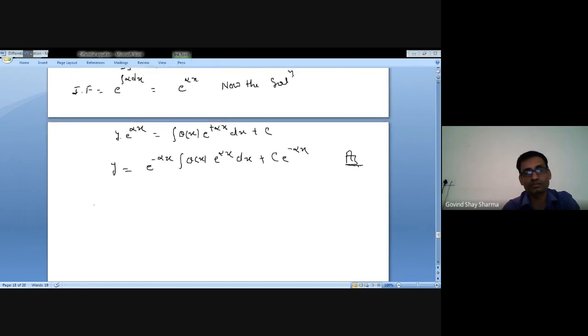Special case: when Q(x) is equal to e to the power alpha x.